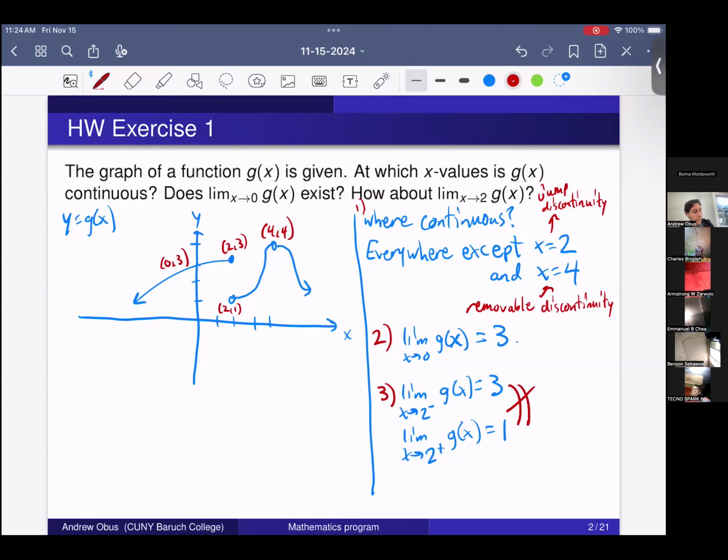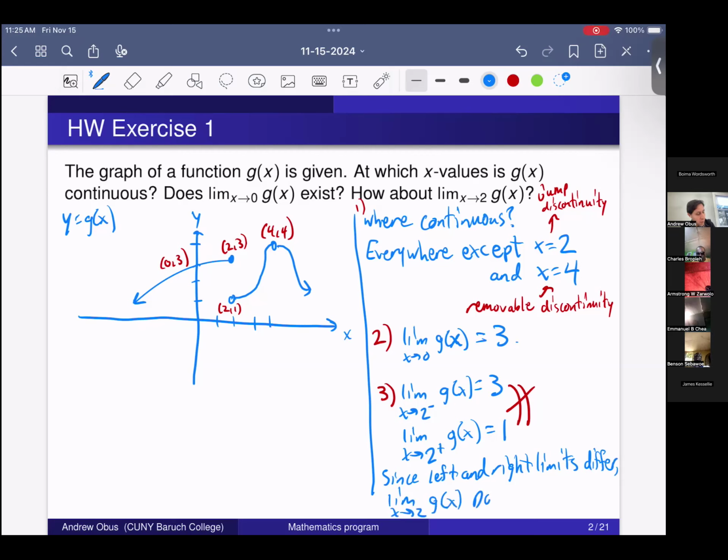These are not equal. And as we reminded you, if the limit from the left is not equal to the limit from the right, then the limit does not exist. You have to have the left and right limits be the same for it to exist. So since the left and right limits differ, we have that the limit as x approaches 2 of g of x does not exist.